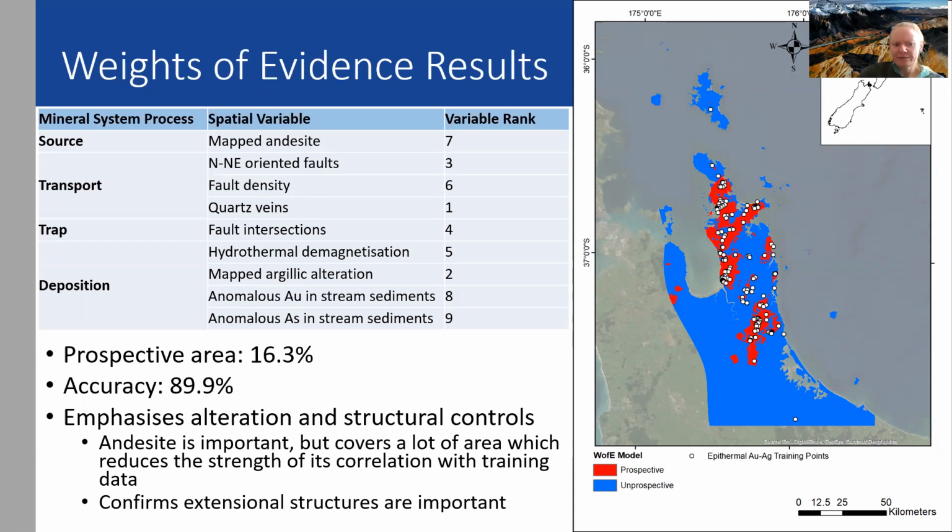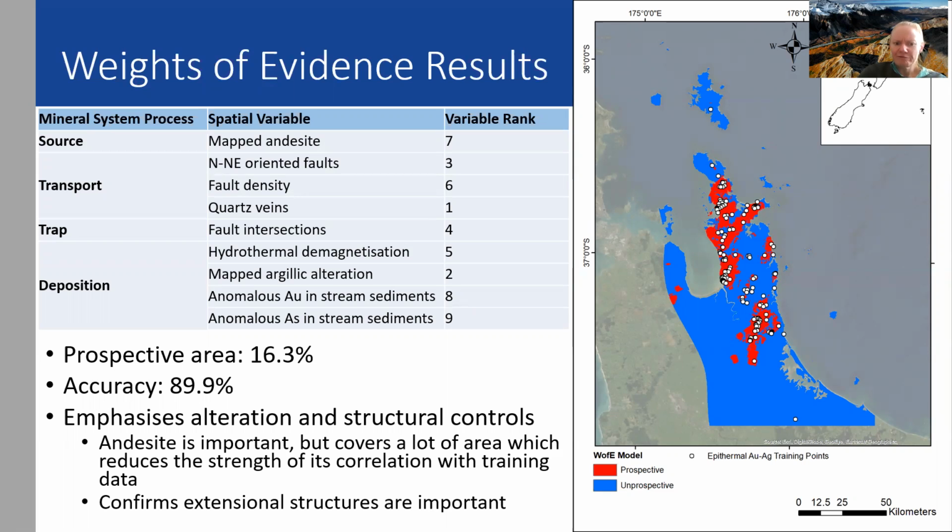And the accuracy, which is how well it predicts the location of our validation data, we get an accuracy of about 90%. And the variable ranks here show that the controls on the mineralization are indicated to be the alteration and the structural controls. The andesite is important, obviously, for the epithermal mineral system.